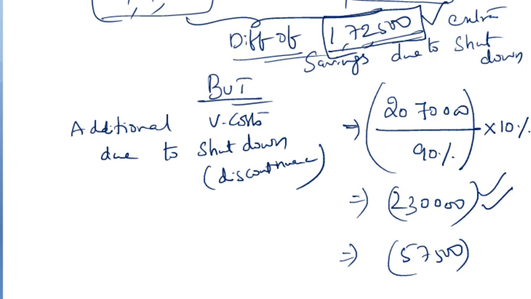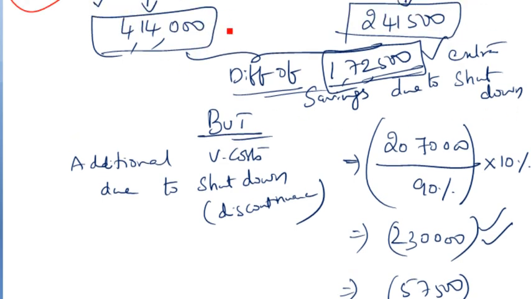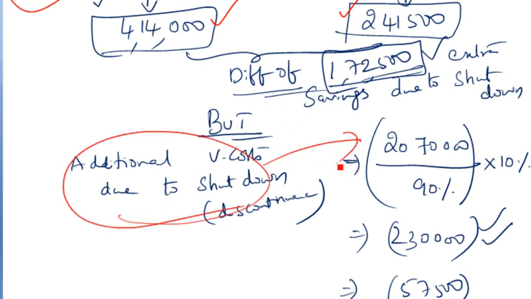So it's pretty simple. What you have to understand here is, I'll try to sum it up for you guys. If you discontinue that division C, you'll be saving 4,14,000 of avoidable fixed cost. But at the same time, you'll be losing a contribution of 2,41,500. Therefore, there is a net gain of 1,72,500 when you try to discontinue division C. But in addition to that, your variable cost will increase by 10%, which means it's going to increase by 2,30,000.